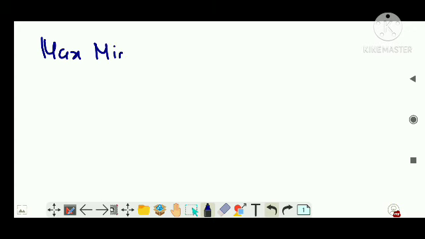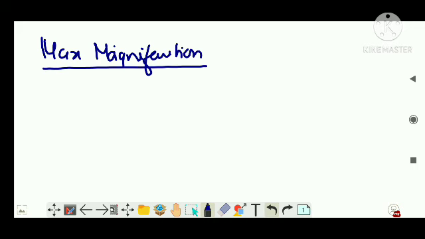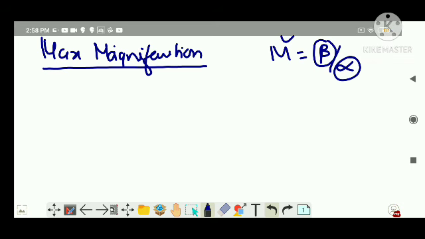Now, there are two cases where the simple microscope can have magnification, and maximum magnification. So when does a simple microscope have maximum magnification? You know m is equal to beta by alpha and alpha is constant. So if magnification has to be large, then beta has to be large.